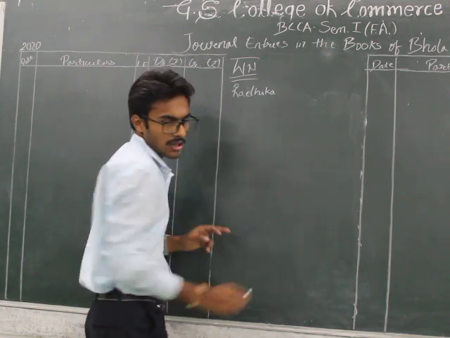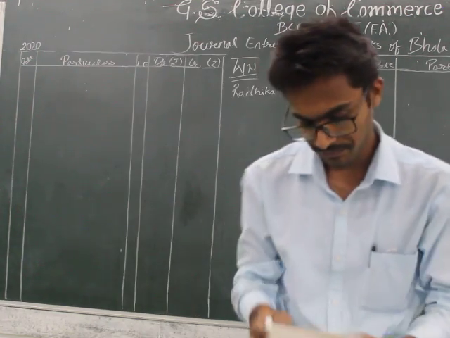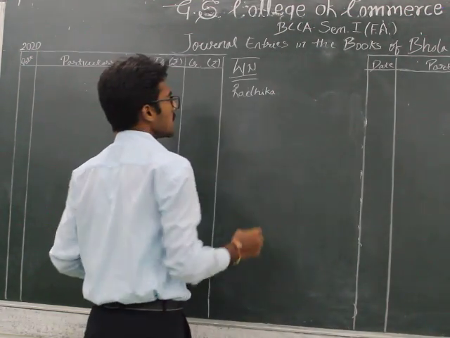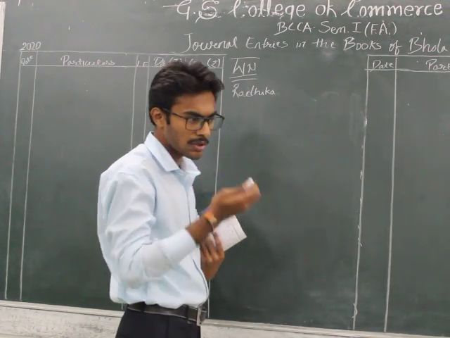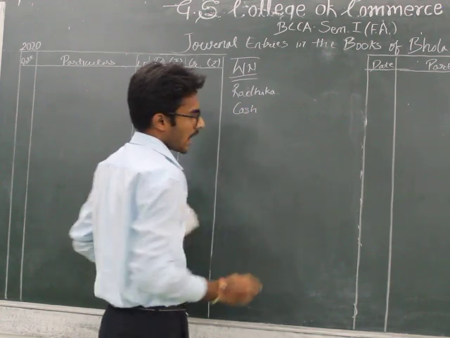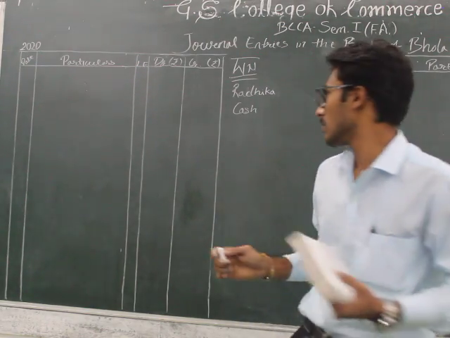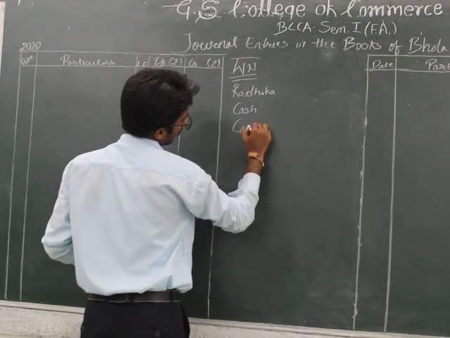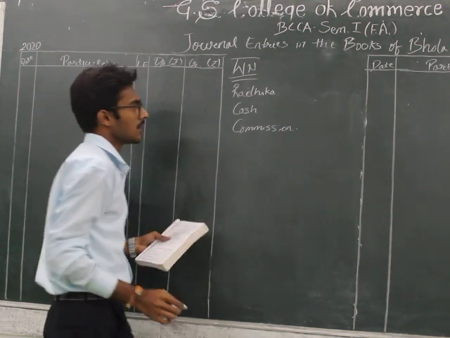So in our transaction there are 2-3 things. First one is Radhika, and the other one is we are giving a money order. Money order means giving cash. So again cash. And the second part of the question is commission paid. So commission will be our third aspect.